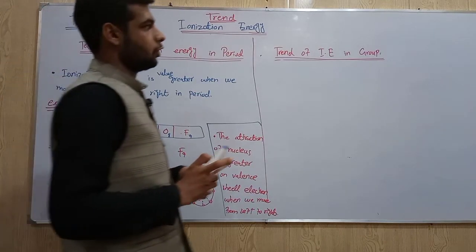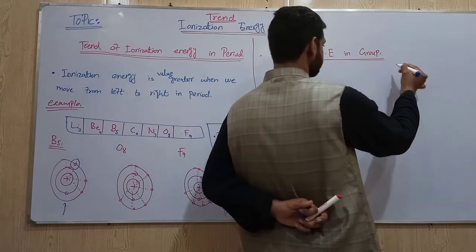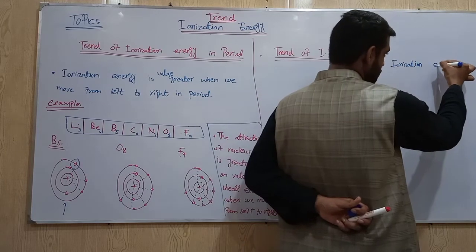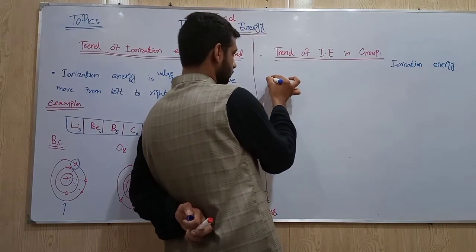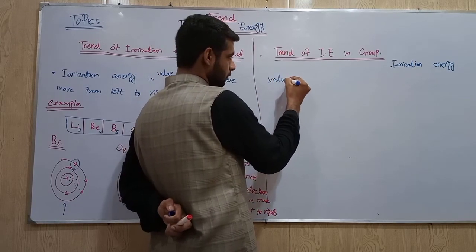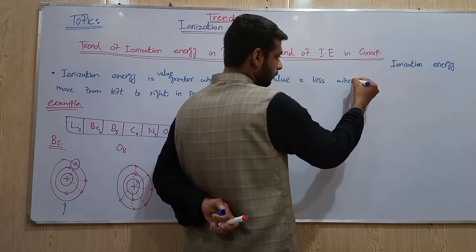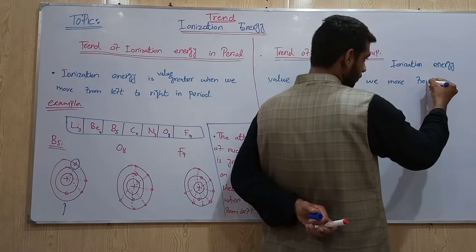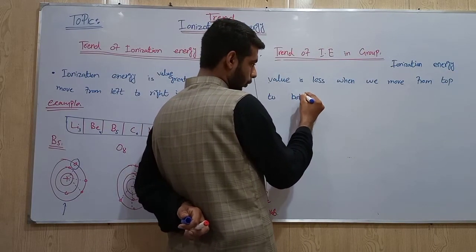Now we will discuss the trend of ionization energy in group. Ionization energy value is less when we move from top to bottom.